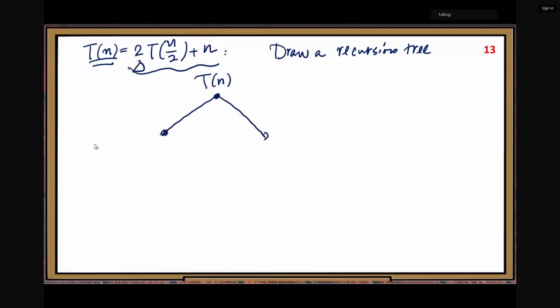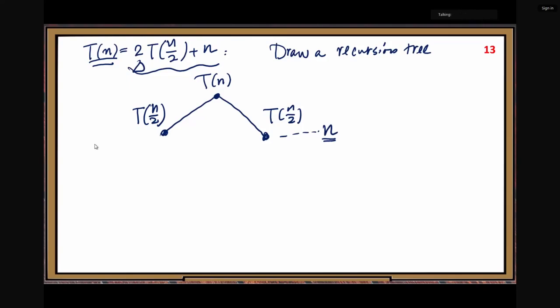The left child node is T of n over 2. But in this level, other than the T terms, there is a non-recursion term, n.